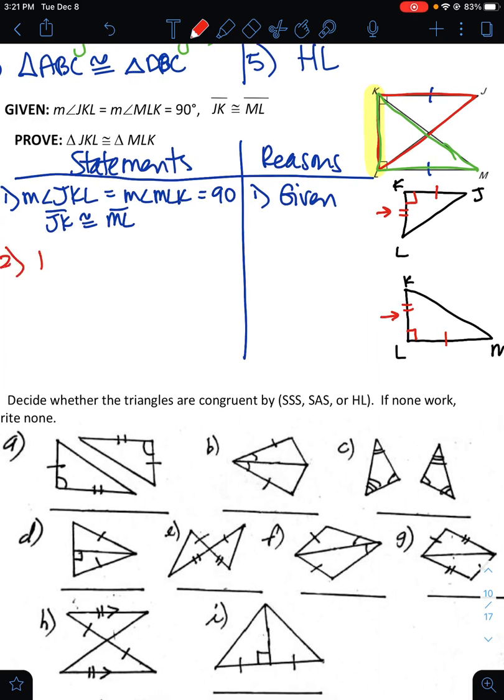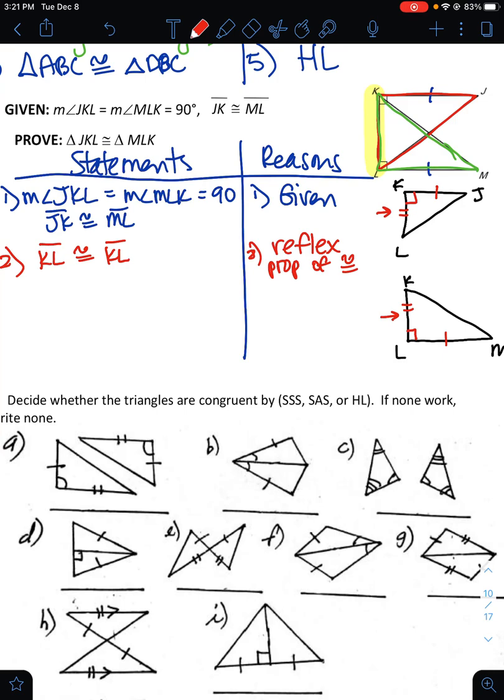So number 2, I'm going to say that segment KL is congruent to segment KL. That is our reflexive property of congruence. And then that right there gives me enough to have SAS.